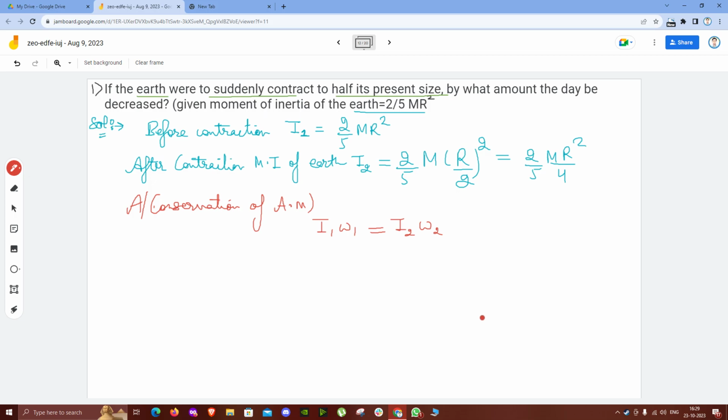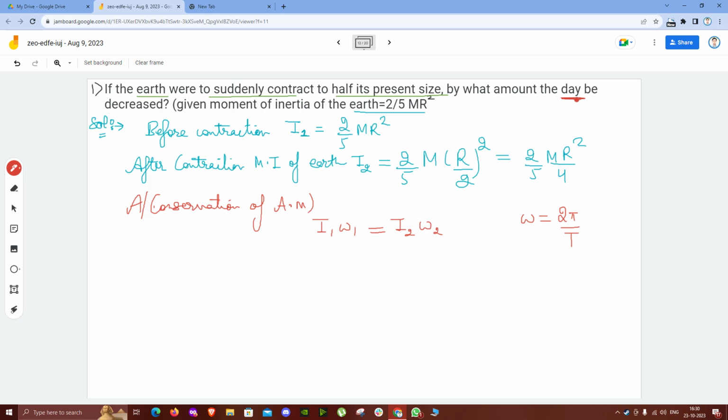As I told you previously, omega is equal to 2 pi by T. We have to convert this angular velocity to 2 pi by T because we have to figure out the change in the timing of the day. It is 24 hours at the present size of the Earth.